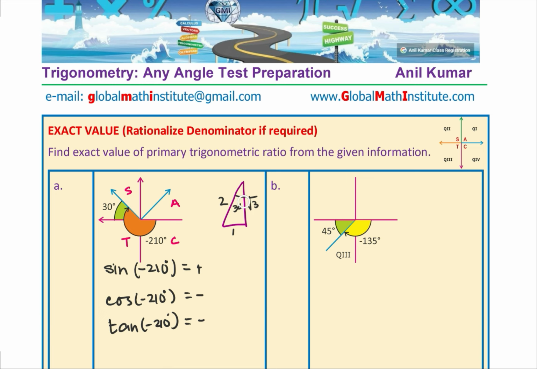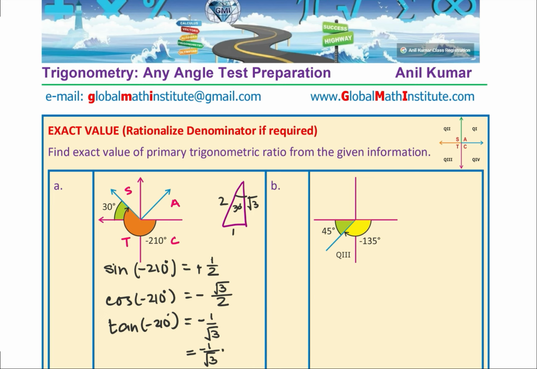So from 30 degrees, if you see, the opposite side is 1, the hypotenuse is 2, and therefore the sine value will be 1 over 2. The cosine value, adjacent over hypotenuse, is square root 3 over 2. Tan is the ratio of opposite over adjacent, so it is 1 over square root 3. Now this value 1 over square root 3 should be rationalized, right?